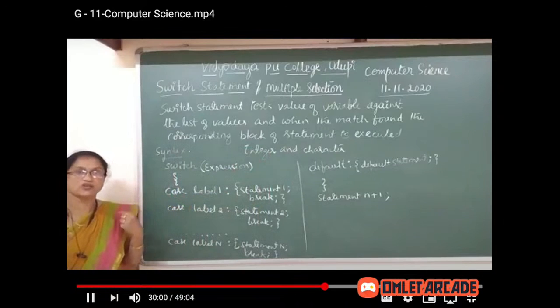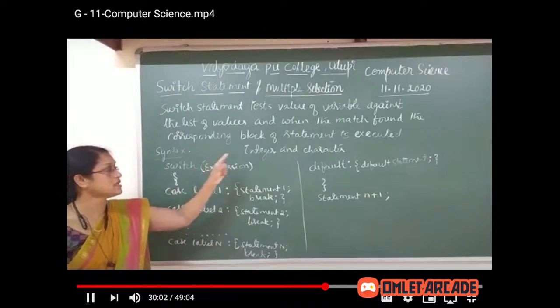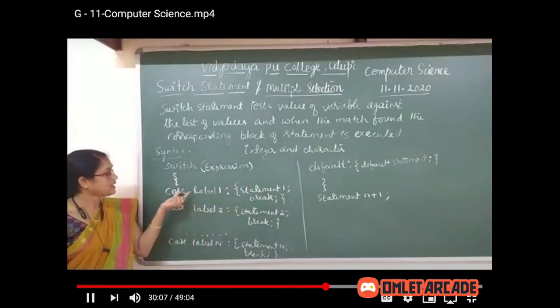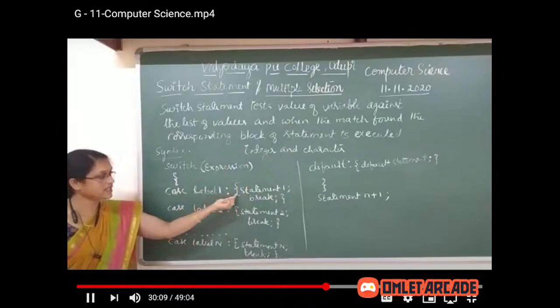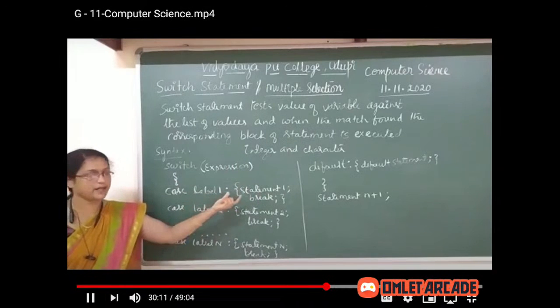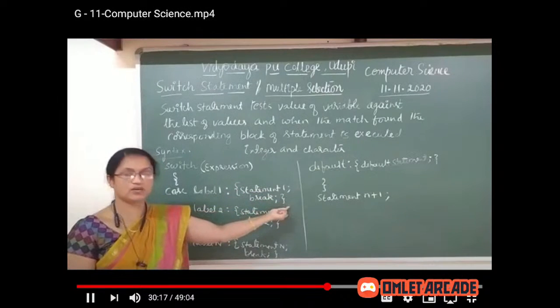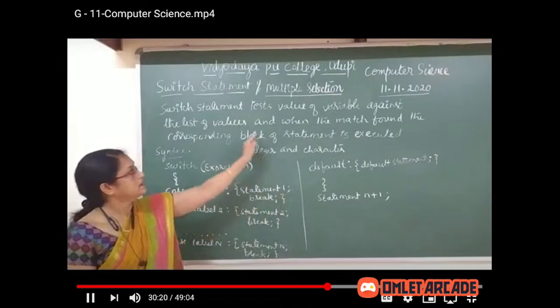Which type of values can be taken by case labels? That is only integer and character type. Colon, this is a must. Next, with or without flower bracket, directly also you can write. So open flower bracket, statement 1, semicolon, break, semicolon, close the flower bracket.